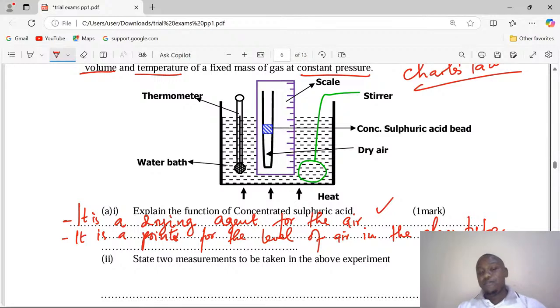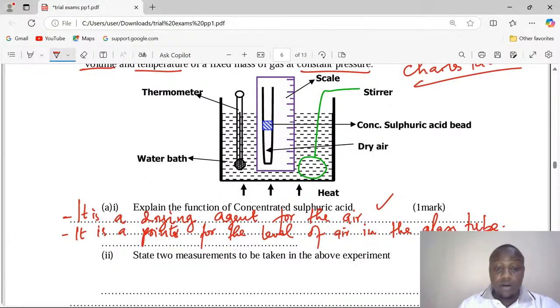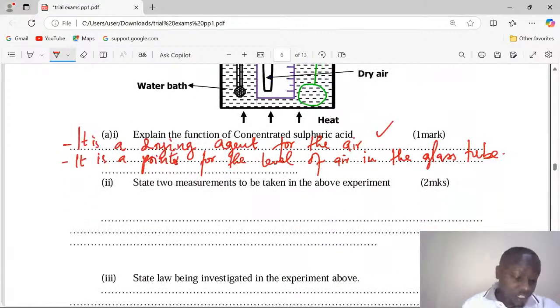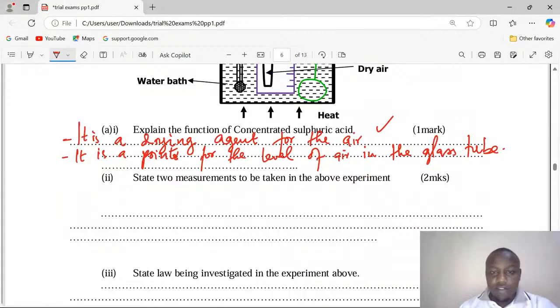So to monitor the length of the air column, we follow the mark by the concentrated sulfuric acid. So those are the two main functions of the concentrated sulfuric acid.